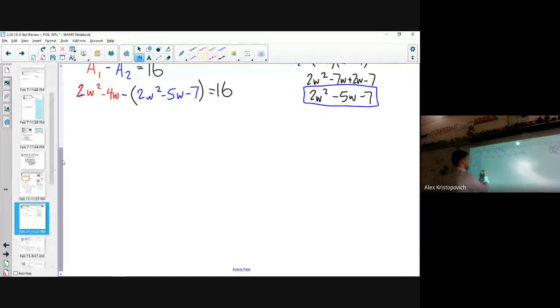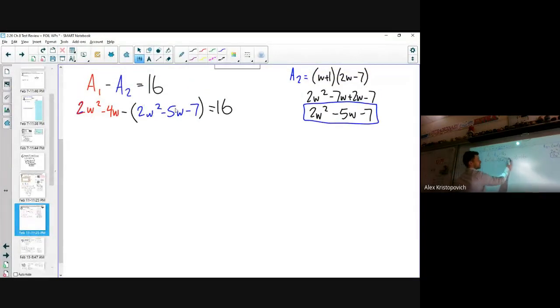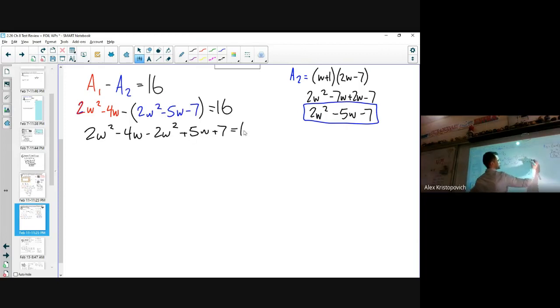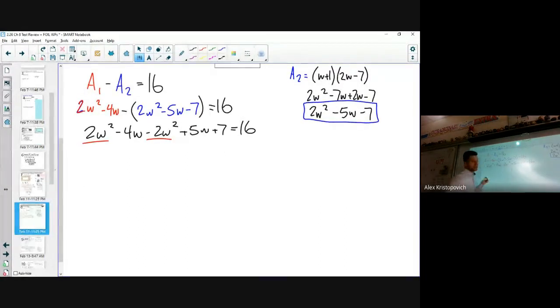Once again, make sure that negative gets distributed everywhere. That's going to be the first thing I do. So negative 2W squared plus 5W plus 7 equals 16. Combine our like terms. I see 2 different W squareds.